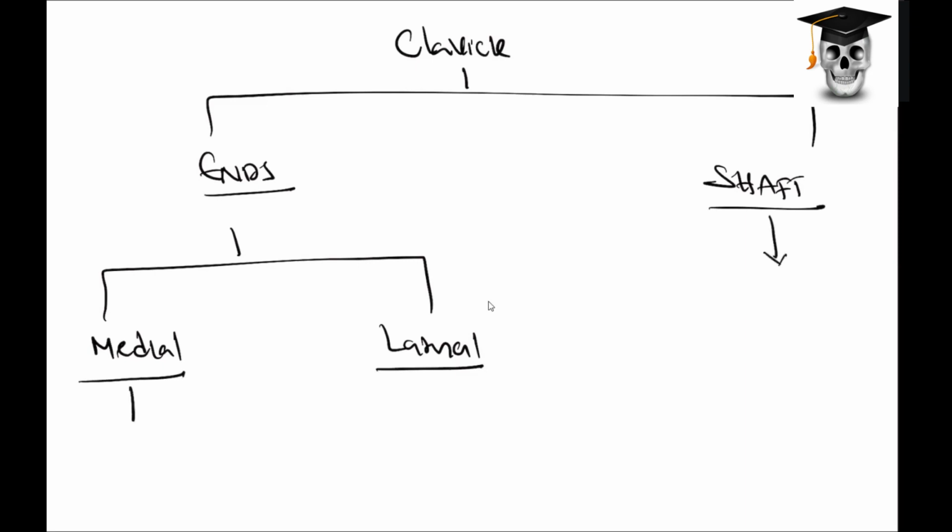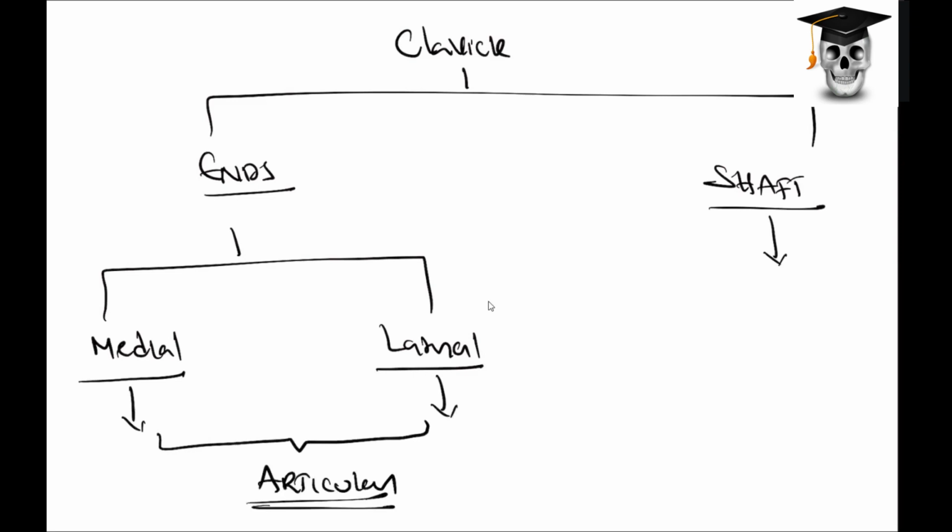The medial end and the lateral end take part in joint formation, so both of these will be articular. When you say articular, they take part in joint formation. An articular facet will be seen at this end, plus the margin of this will give attachment to the capsule of the joint.